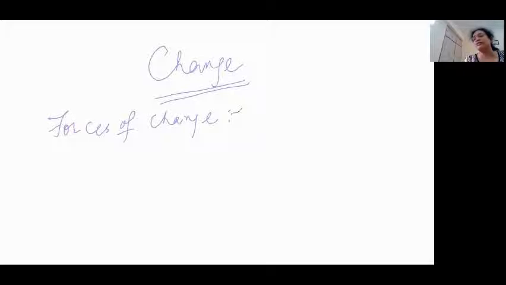So what forces of change are there around us in our environment? First look at the external environment. As yesterday we saw in that open system diagram, the organization's input comes from the external environment, right?